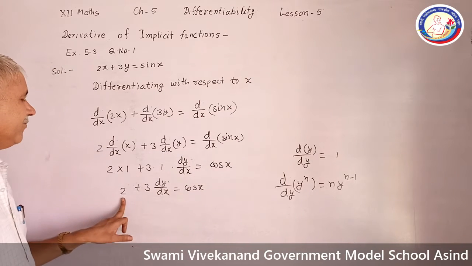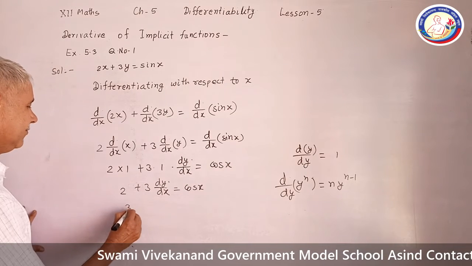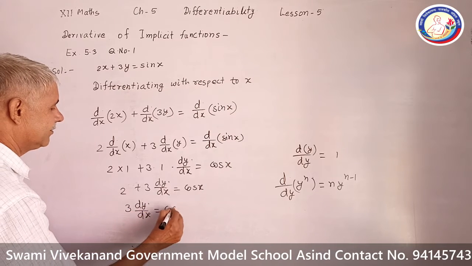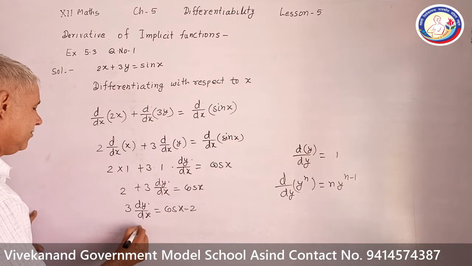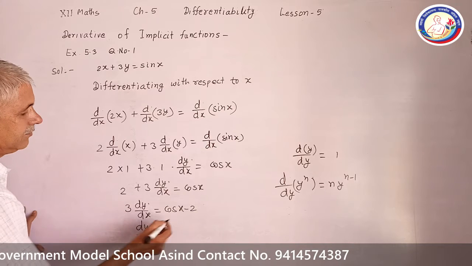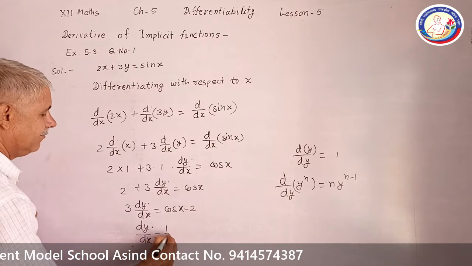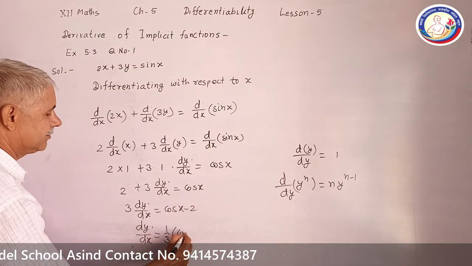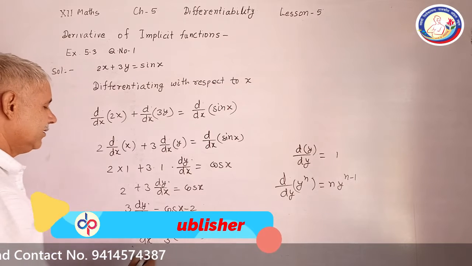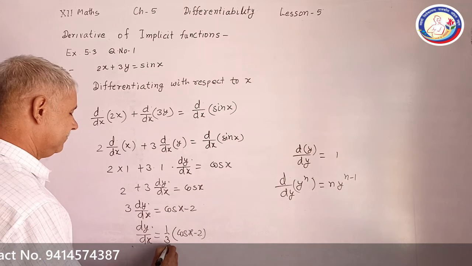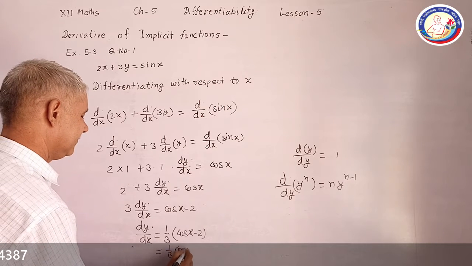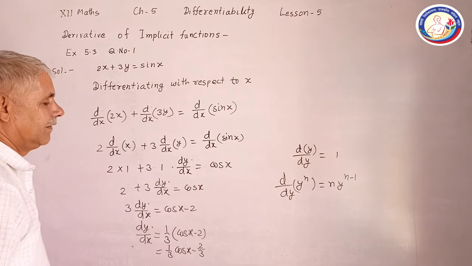Now by law of transposition, we will have 3 into dy by dx equal to cos x minus 2, and dy by dx will be, now cross multiply this, 1 by 3 into (cos x minus 2), or we can further simplify this, 1 by 3 cos x minus 2 by 3.